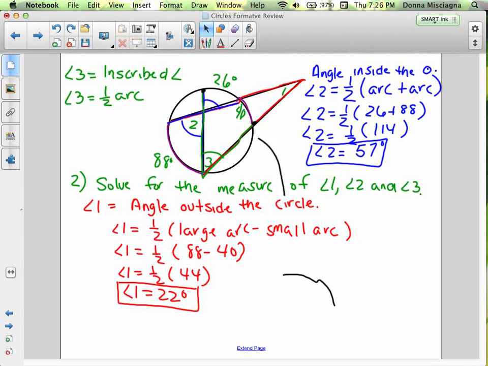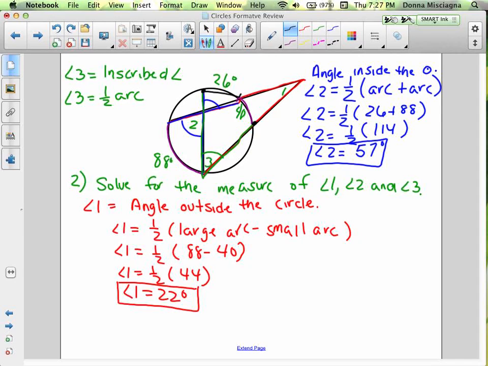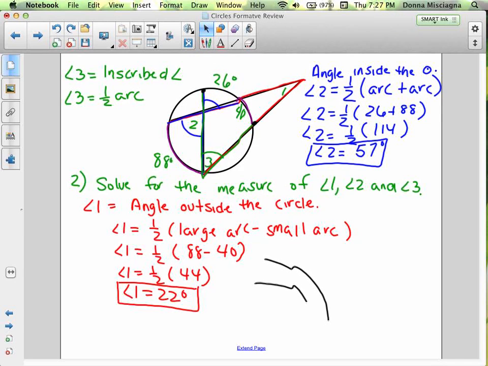Oh, that's not the same curvature. There's just no hope. We'll have to have a crooked arc. So we'll leave the arc out.